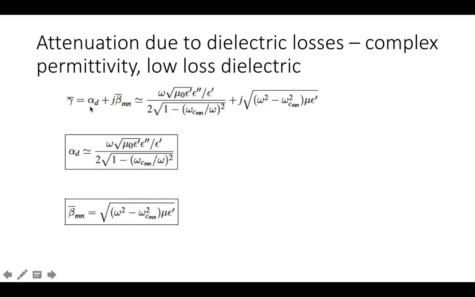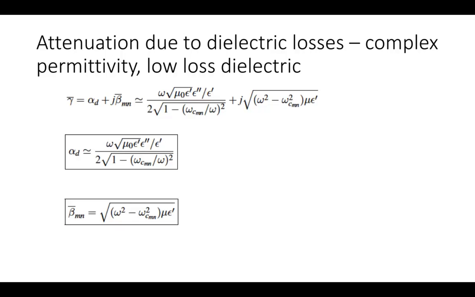And then alpha D is the loss due to the dielectric, so that would be the attenuation constant. When we look at alpha D, we see that if we make some approximations for alpha plus j beta, given that this is a low loss dielectric, we get the following expression for alpha on the left and beta on the right.